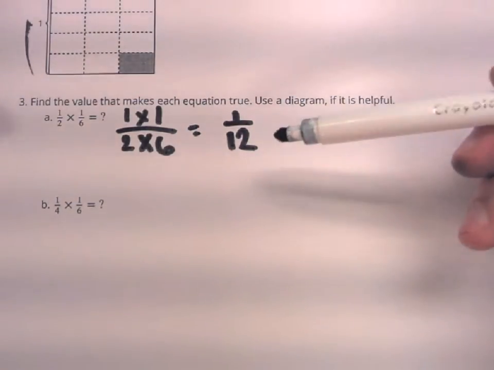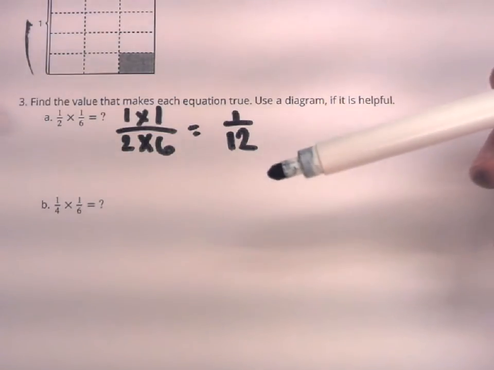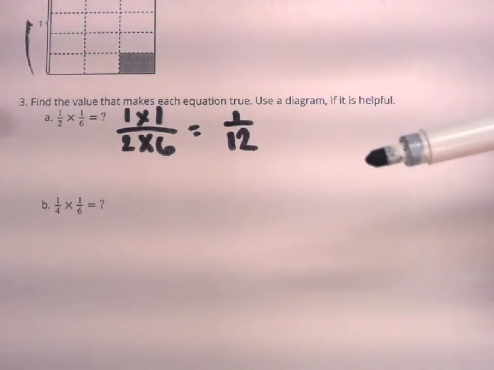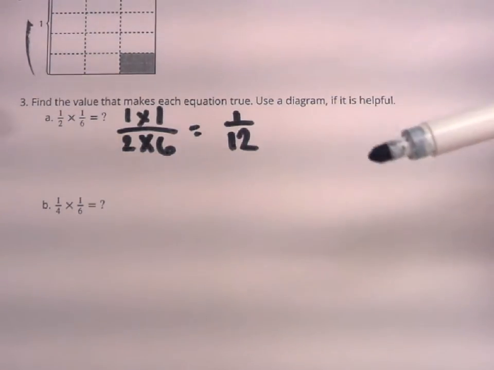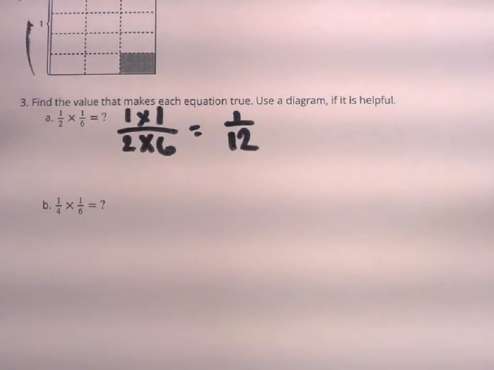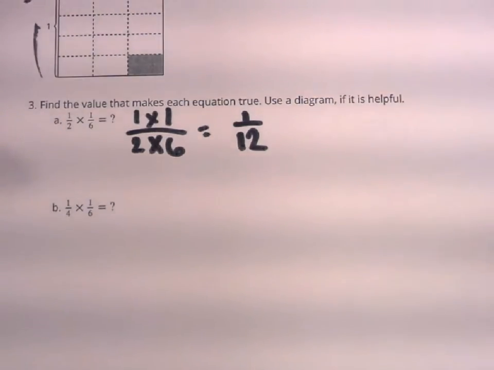And so coming up with this rule on their own is much more meaningful than simply telling them what the rule is at the beginning of the unit. Some students will remember to multiply the numerator by numerator and put it over the denominator times the denominator.